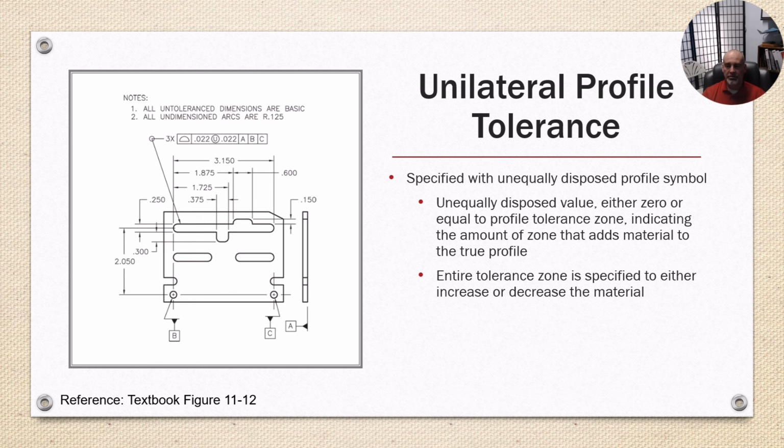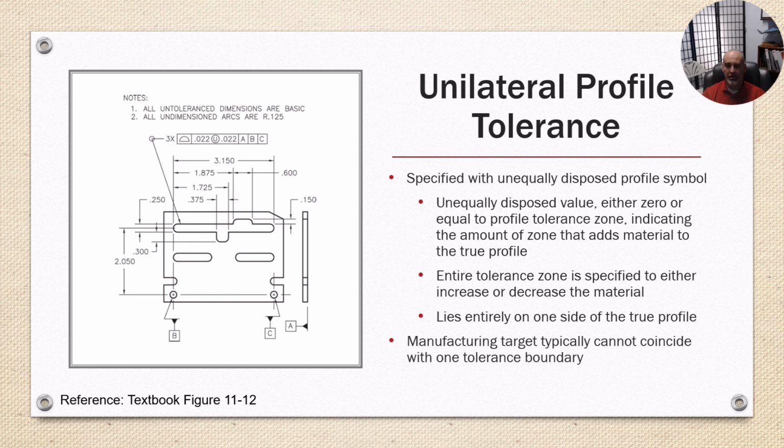The entire tolerance zone is specified to either increase or decrease the material, and it lies entirely on one side of the true profile. The manufacturing target typically cannot coincide with one tolerance boundary.